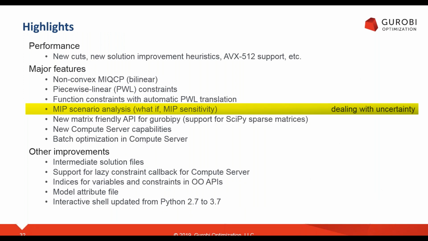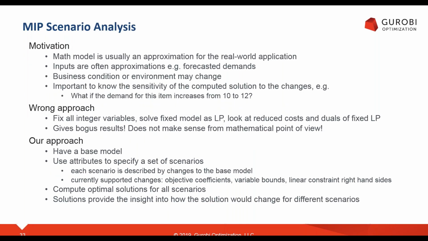Okay, that was nonlinear. Now we come to another nice major new feature, which goes a little bit into the direction of dealing with uncertainty. And this is something that we call MIP Scenario Analysis, or you can also call it what-if analysis or MIP sensitivity analysis. So what is this?